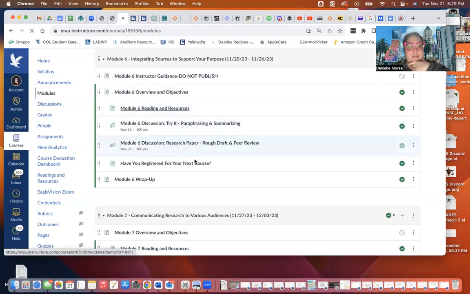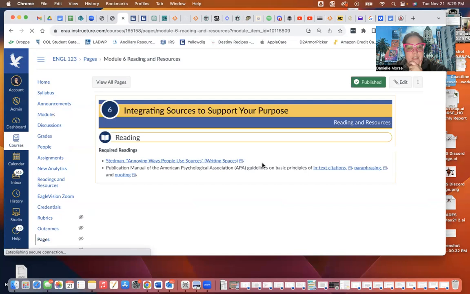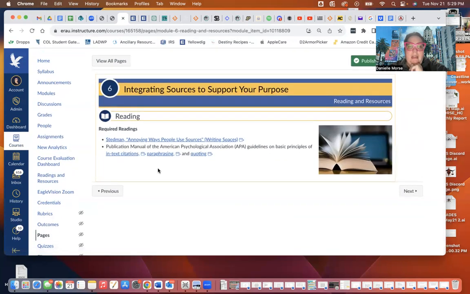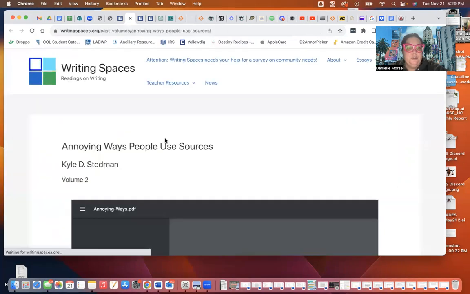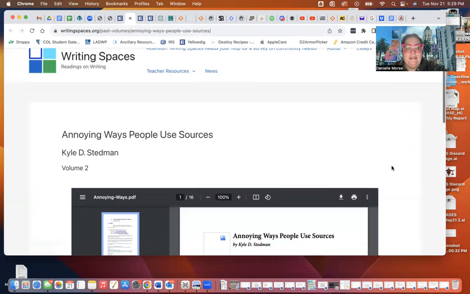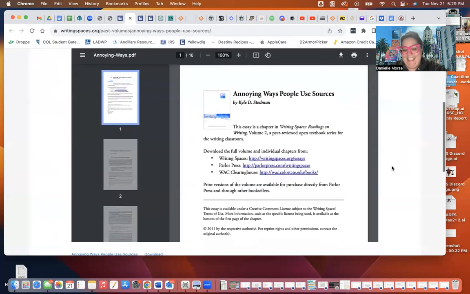So for module 6, you have these readings and resources that are available for you. We've had something else from Kyle Studman. It's Kyle Studman again. I went to grad school with him, so he's a lovely person, lovely professor, and I really respect his work. He has this article here on annoying ways people use sources.